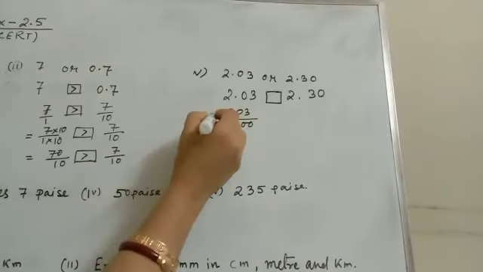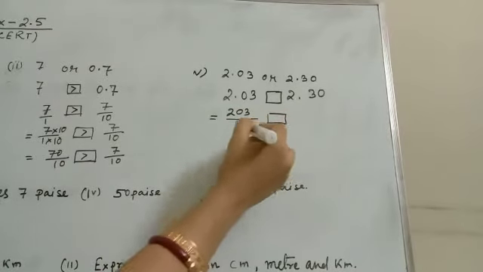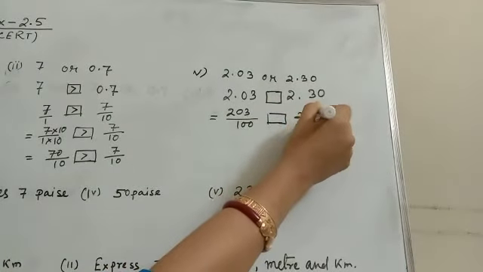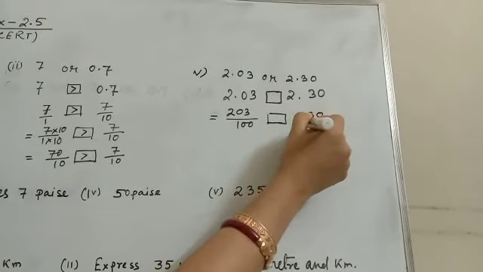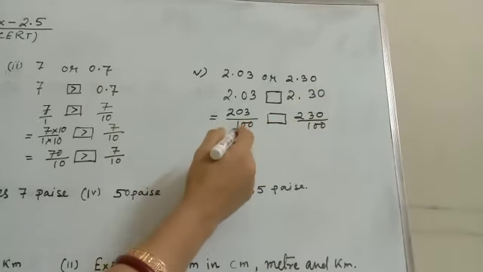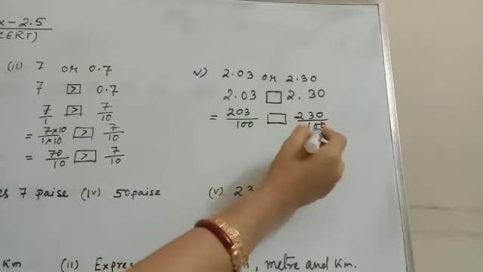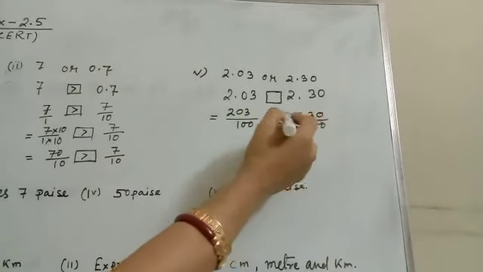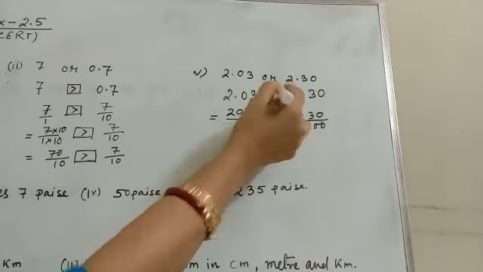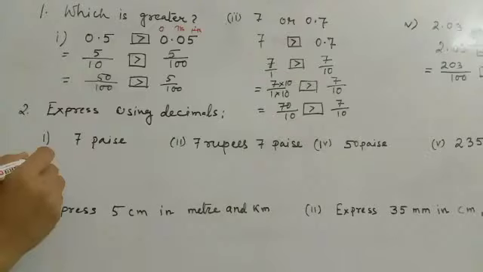So it is the 100th place, and 230 by 100, because after the point 2 places are there. Now you can clearly see that here it is 203 out of 100 and 230 out of 100. So very clearly you can say that this one is greater. Understood? Now come to the next sum.